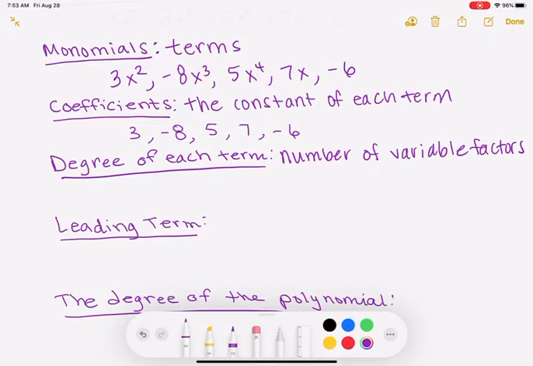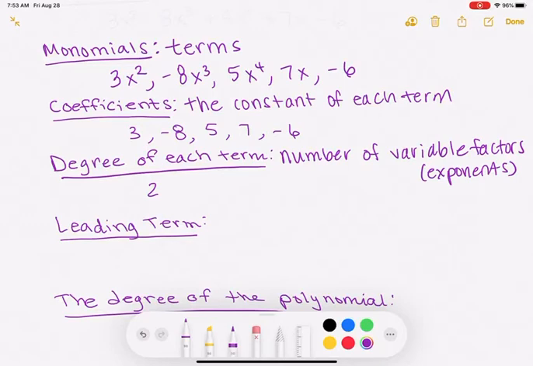That kind of sounds a little bit confusing. It's just a fancy way of saying exponents. So if we look at the term 3x squared, the degree is just what the little exponent is. In 3x squared, the degree is 2, because there's that little 2.